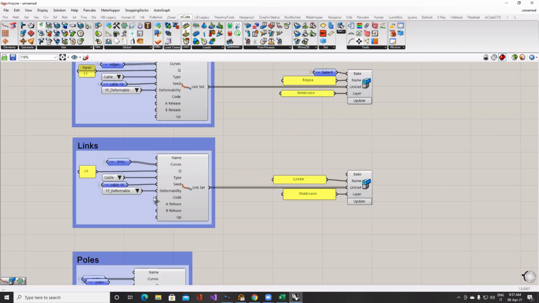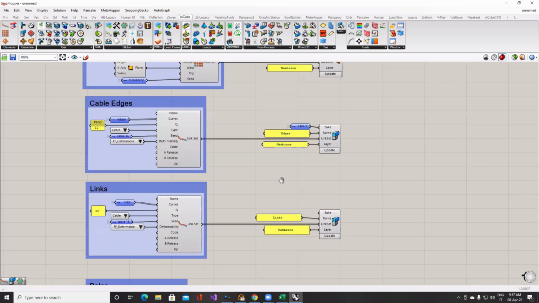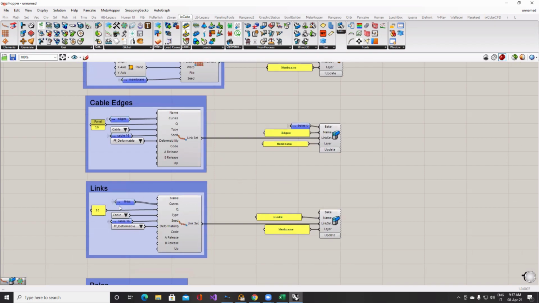There's one thing that I would like to do, but I'm not going to do it in this moment. It's a bit more tricky. The links, we have to set a constraint on the links. And in this moment, it's a bit tricky to do it. So I will skip this. I will do it later in the Xcube interface, setting the fixed length for the links.